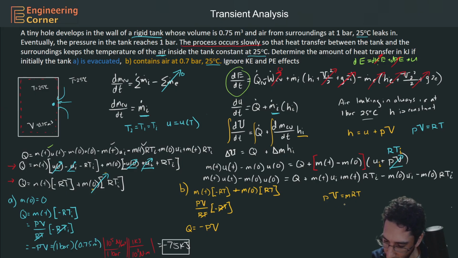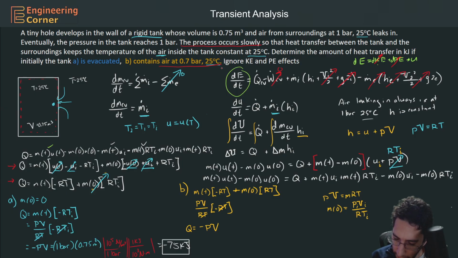So I'll have m0 is going to be equal to PV over RT. All right, so this would be all my initial values, which would be given from right here.